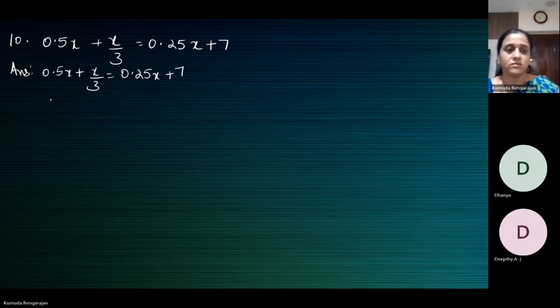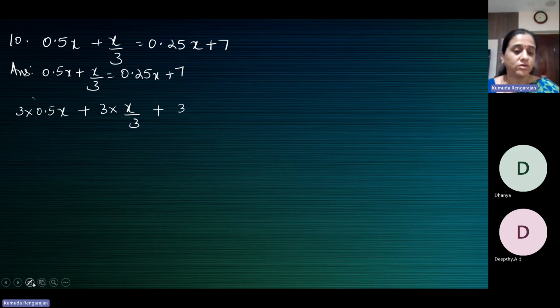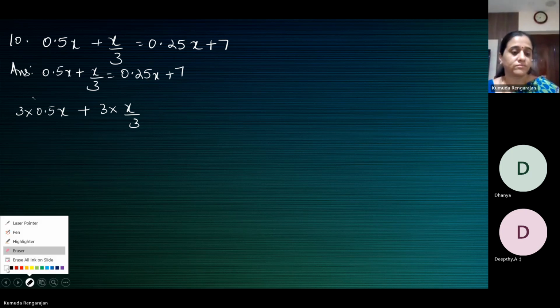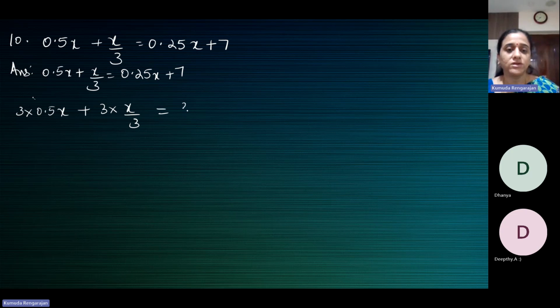Okay. So what's the LCM of the denominators? 3. Okay, so it is 3 into 0.5x plus 3 into x by 3 plus 7 is equal to 3 into 0.25x plus 3 into 7.